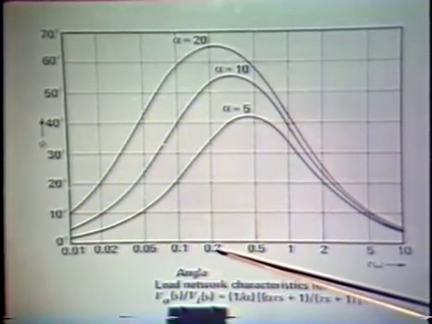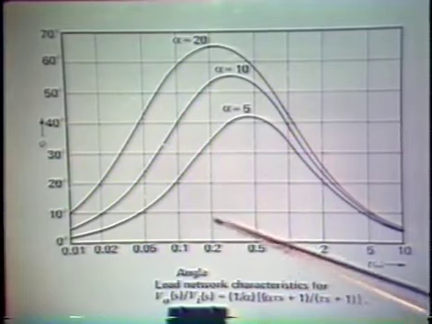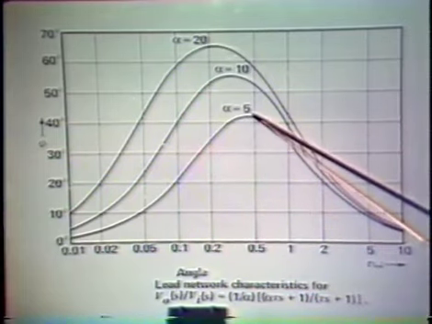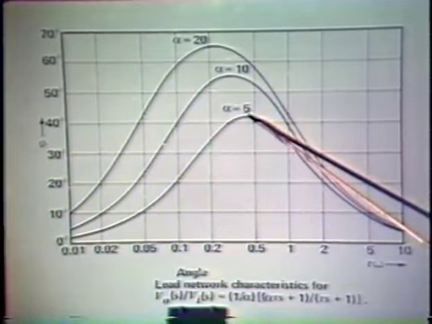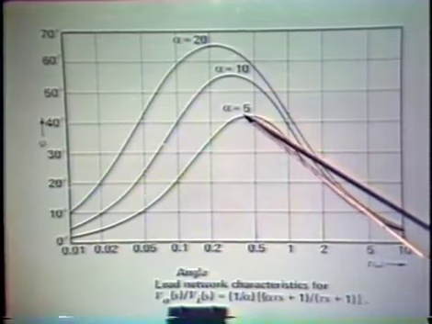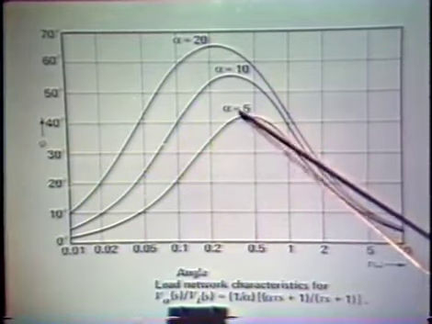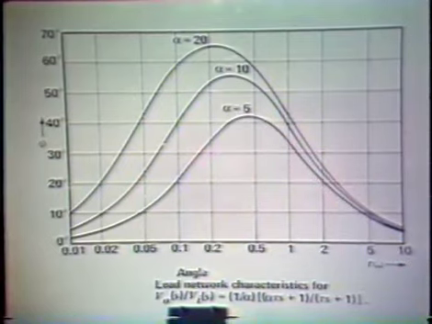In the case of alpha equals 5, the 0 occurs a factor of 5 below that at this frequency. We notice the maximum positive phase shift out of our network at the geometric mean of those two frequencies, and we get something over 40 degrees of phase shift at the maximum when alpha equals 5.